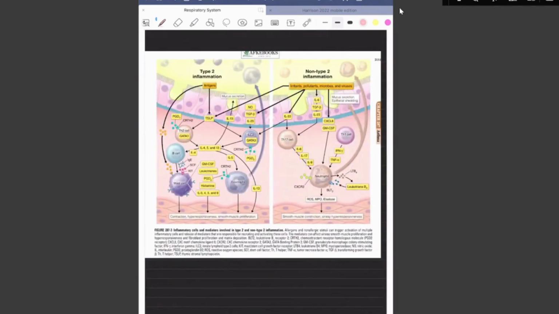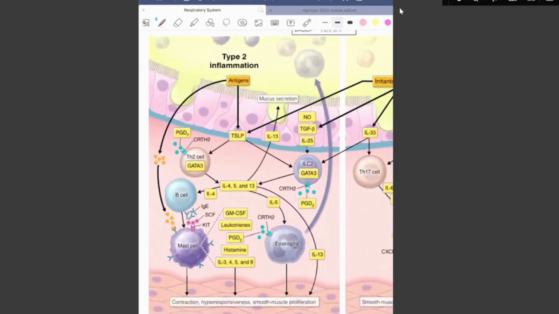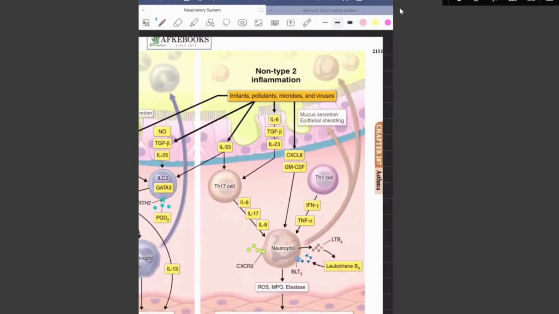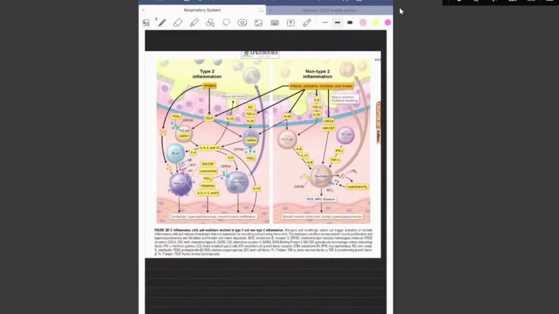Again, there is this diagrammatic representation of whatever cytokines we have studied: the type 2 inflammation and the non-type 2 inflammation.